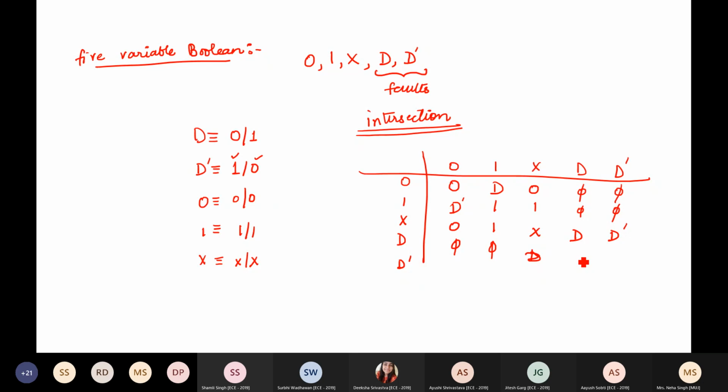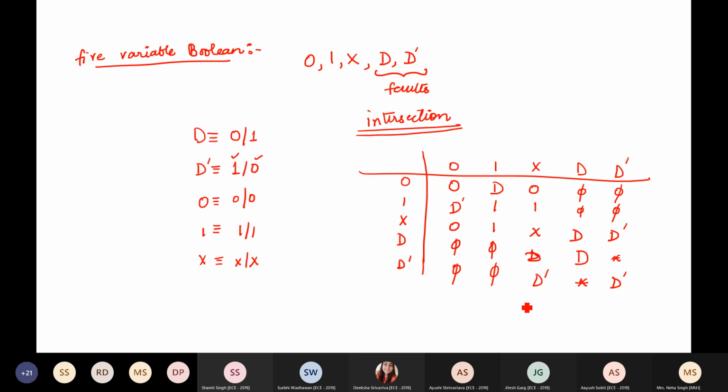DD will be D. And D intersection D dash cannot be considered; we'll discuss the reason later. D dash intersection 0 is not defined. D dash intersection X will be D dash. D dash intersection D will be marked with a star for the time being. And D dash intersection D dash will be D dash.